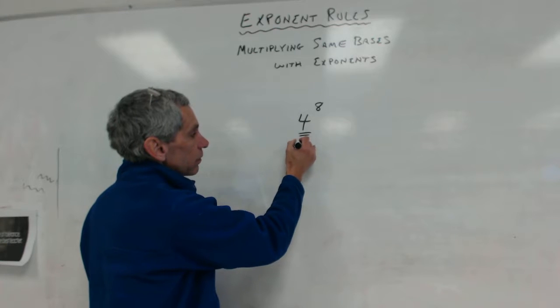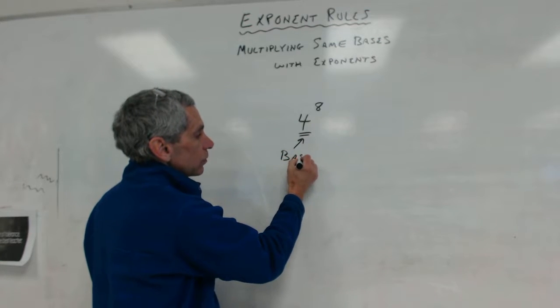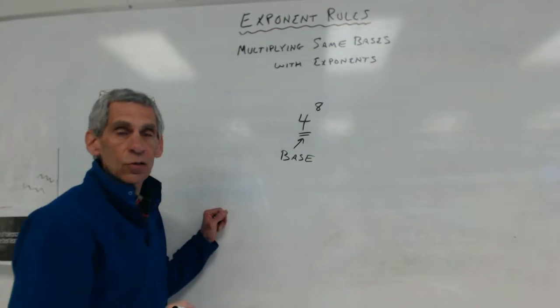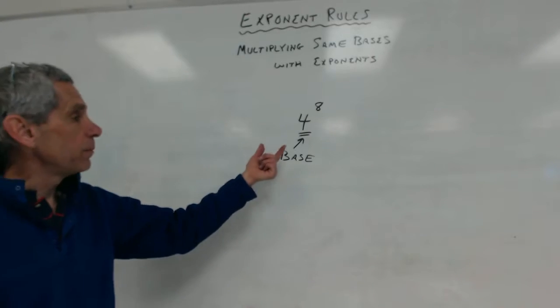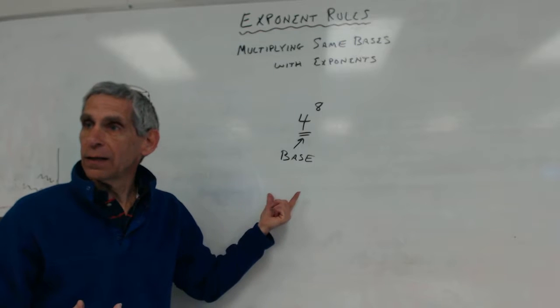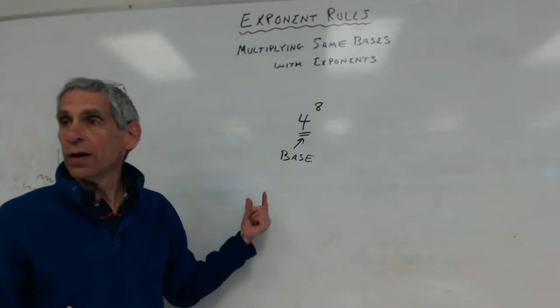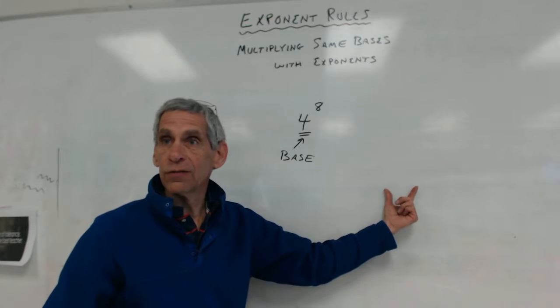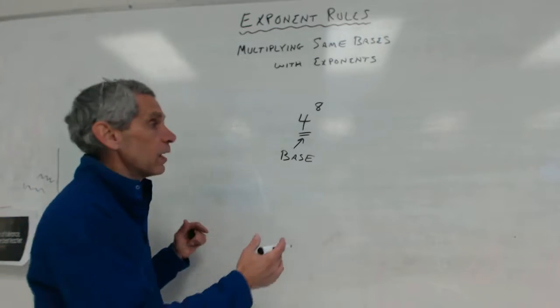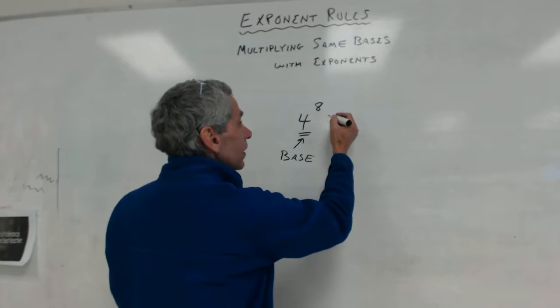When I talk about multiplying same bases, the bases have to be the same thing. If the base is 4 and I multiply that times another thing with the base 4, then I can do some cool stuff. But if they're not the same bases, I can't.